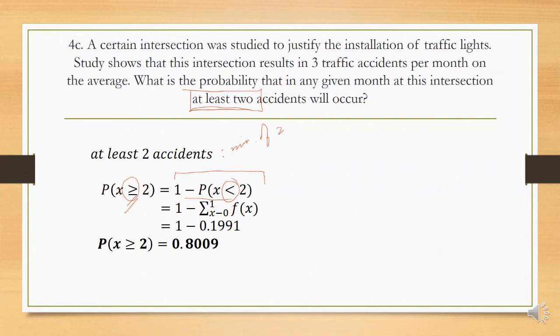Okay, so when you write this down, 1 minus P of x less than 2, it means that since it's less than 2, we are only looking at 0 to 1. Kasi less than 2, sabi niya. So, mas mababa sa 2. So, 0 to 1 lang siya. Kaya, itong ating summation dito ay from 0 to 1.